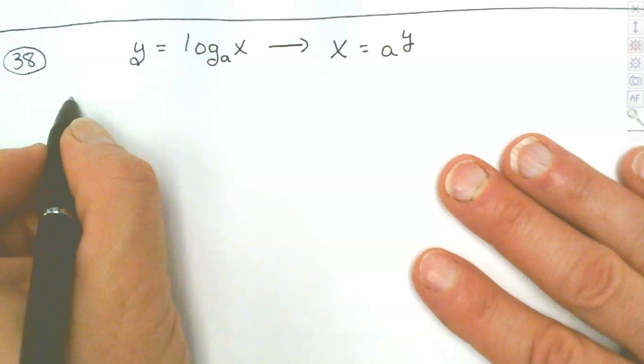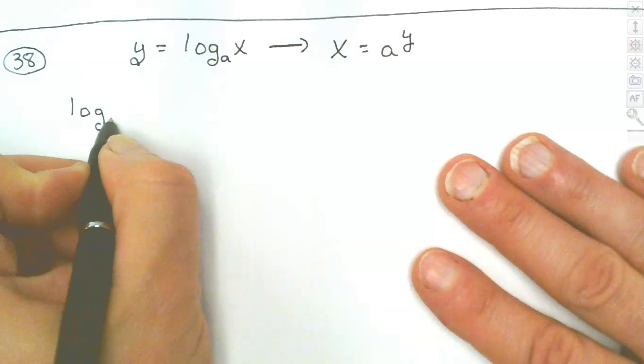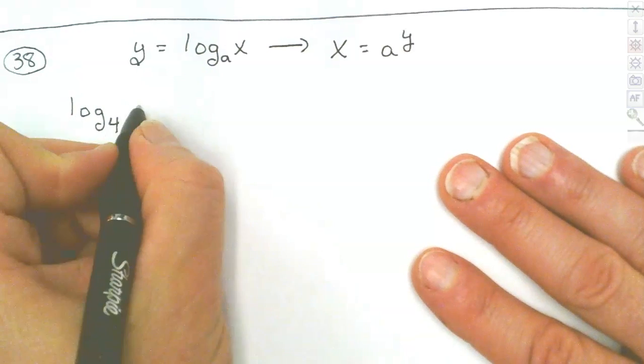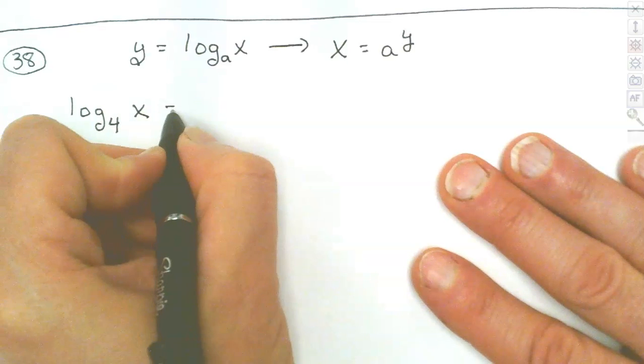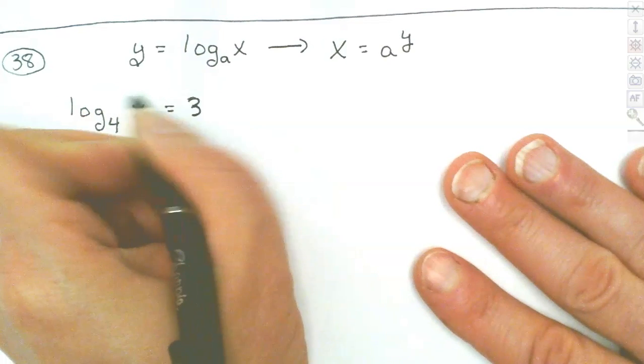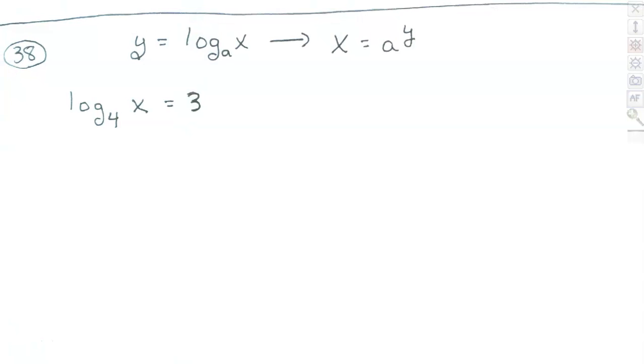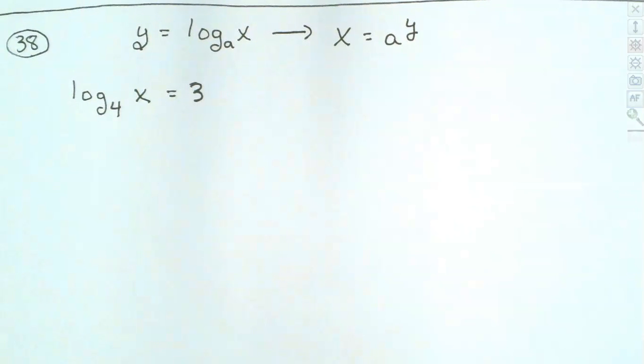We have log base 4 of x equals 3. And we can't solve that logarithm very easily. So we're going to go ahead and transform this to an exponential.